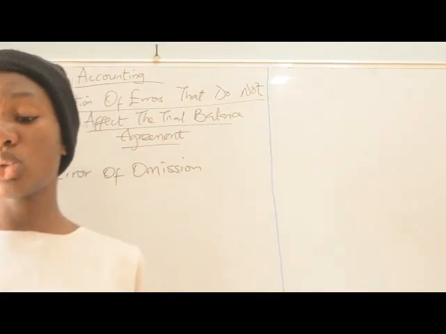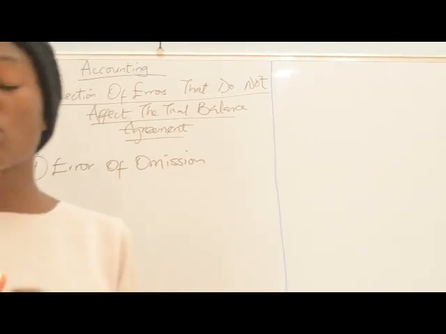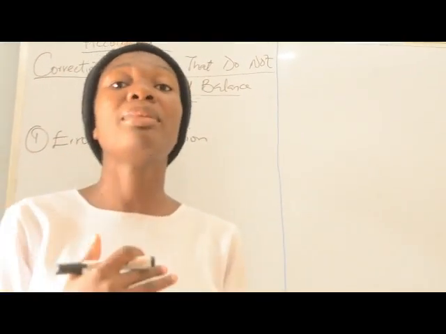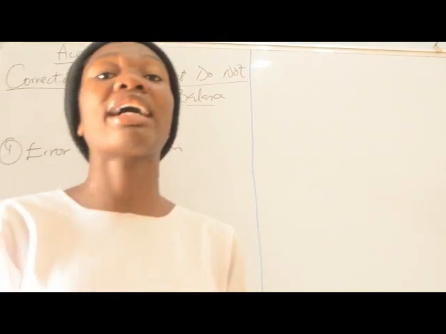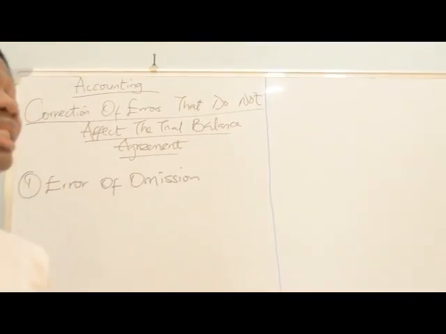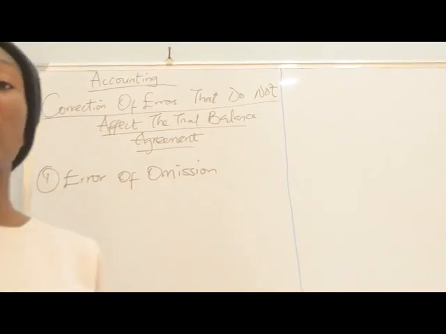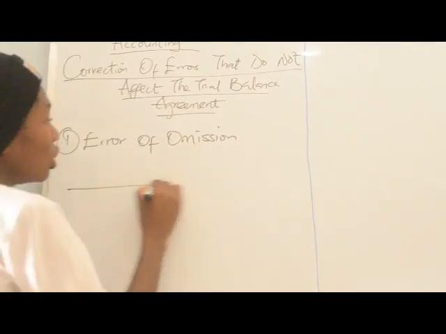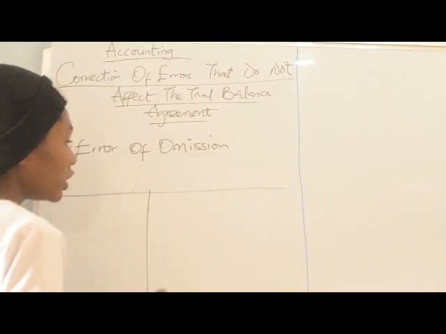Now, assuming we were told that there was a payment of rent, okay, payment of rent of 16 naira, and it was omitted from the books, okay? Payment of rent of 16 naira cash was omitted from the books. Now, how do we do that? Since it was omitted, all that we need to do in our journal is just to restore the errors, okay? So in our journal account, our journal is of this format.